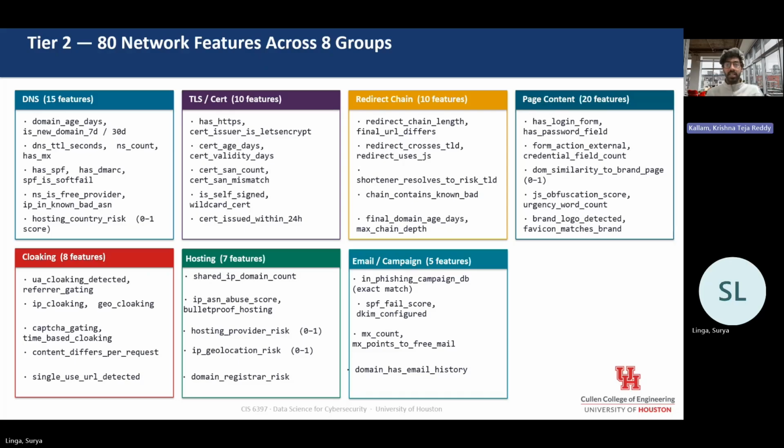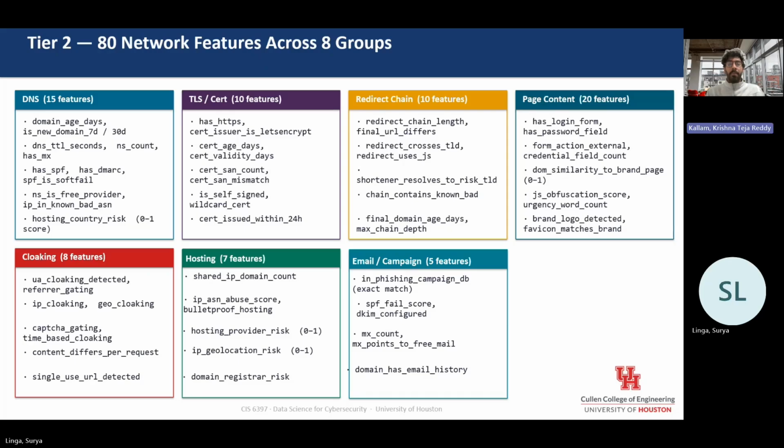The redirect group tells us how many hops the URL takes before it lands on the final page, and whether it is on the same domain we clicked or landed on a different domain. The page content tells us if there is any login form or what type of JavaScript it has. And cloaking tells us if the site behaves differently for different visitors.